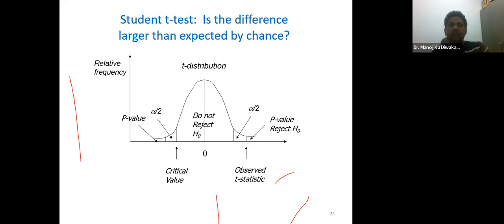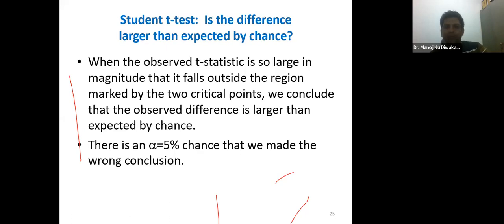If the t value is very large, it goes beyond the critical region. In that case you can reject the null hypothesis and conclude that the observed difference is larger than expected by chance.